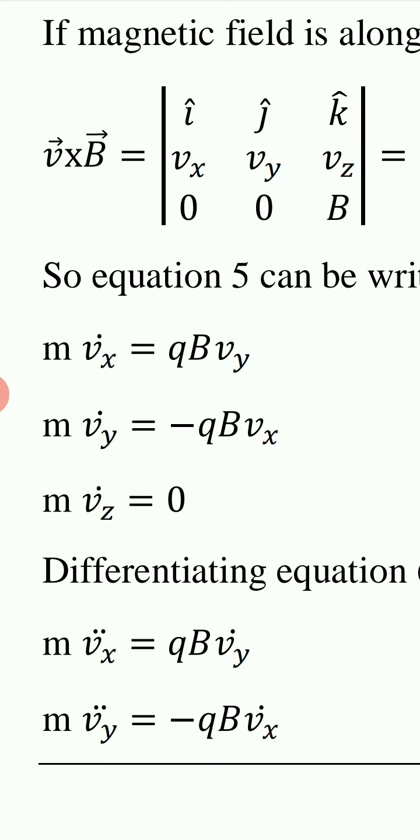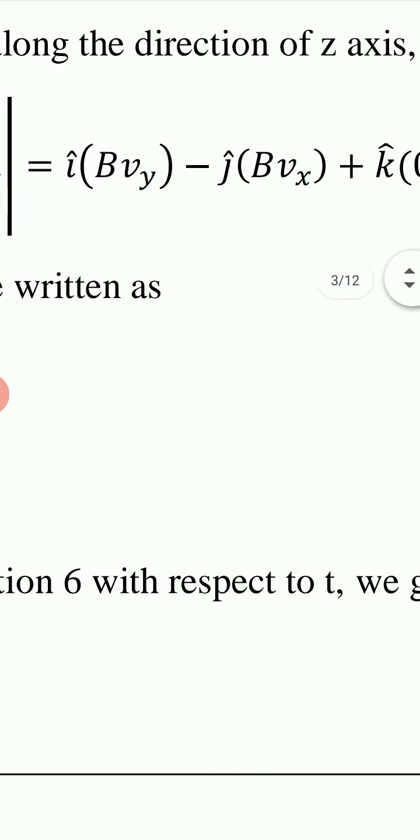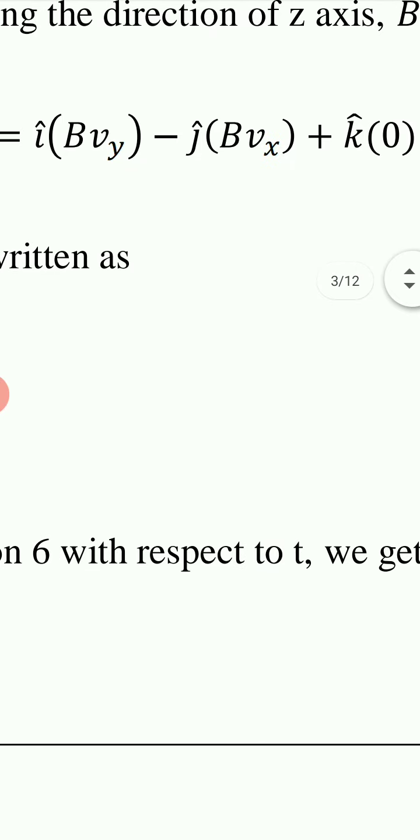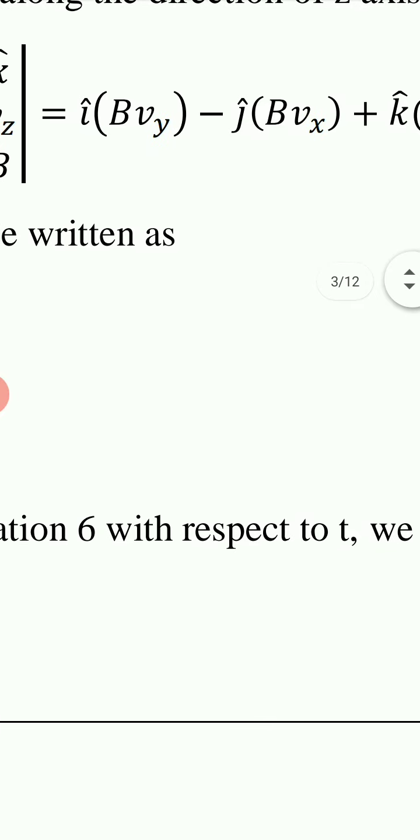The x and y components of B vector are 0, because we assumed B vector along the z axis, and B vector is only B k cap. The value of this determinant is i cap B Vy minus j cap B Vx. So the x component of v cross B vector is B Vy, and its y component is minus B Vx.